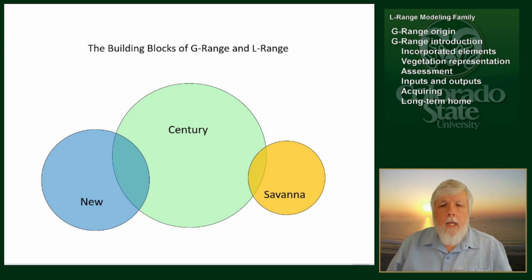So, as I say, to represent the biogeochemistry, a somewhat simplified version of Century is included. Given my history with Savannah, so many years of its use, there are some elements, primarily the language of Savannah, that have been incorporated in terms of facets, for example, which is Dr. Coughenour's term for the main vegetation groups: herbs, shrubs, and trees.